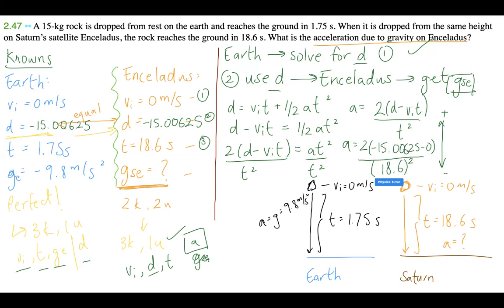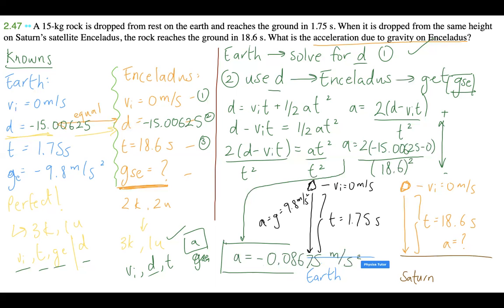So I'm going to go ahead and write down our final answer right over here. Times 2 divided by 18.6 squared. Yep, and I'm getting acceleration is minus 0.08675 meters per second squared.